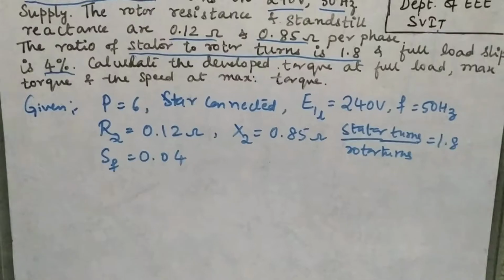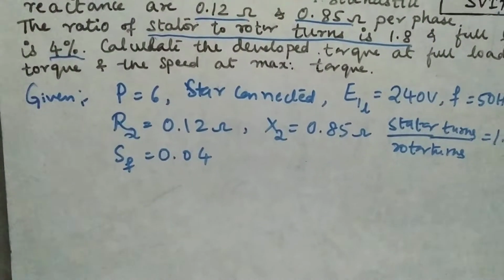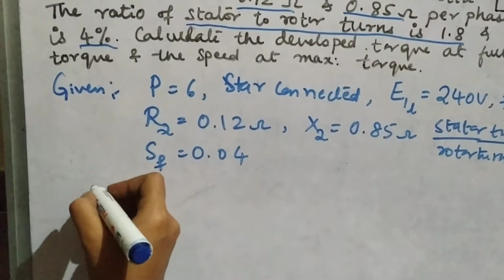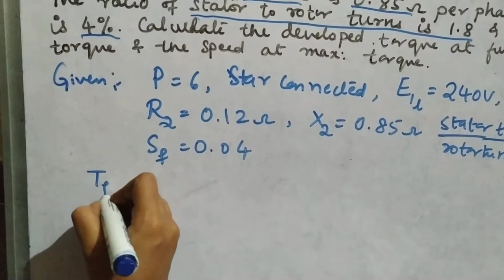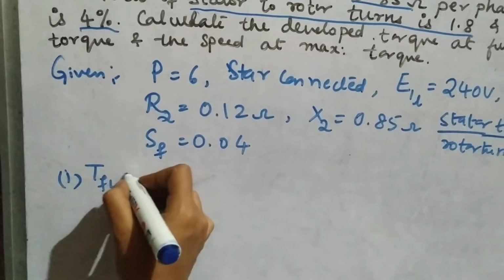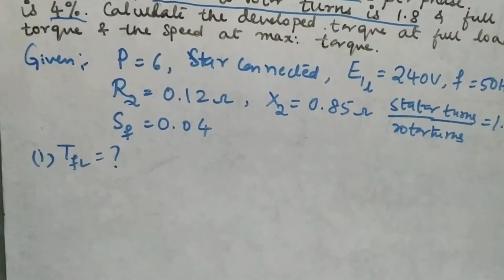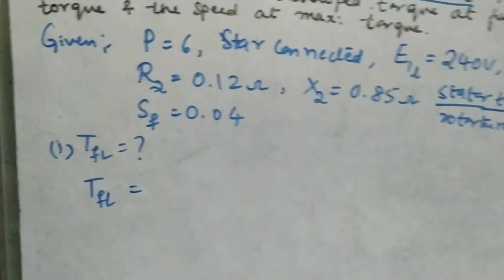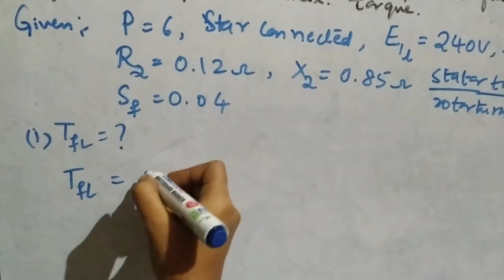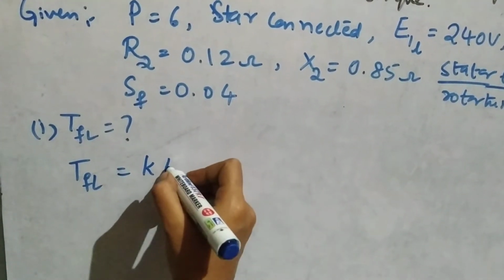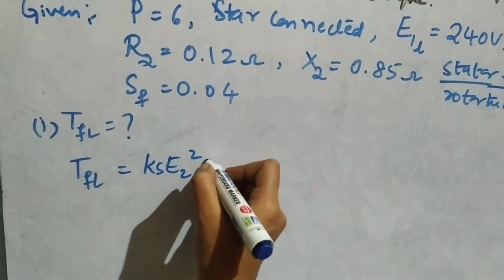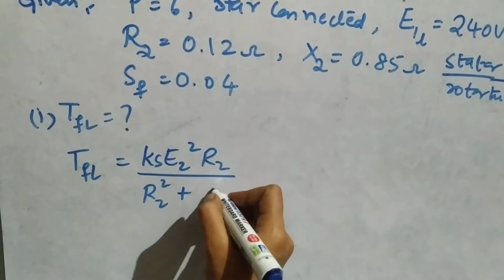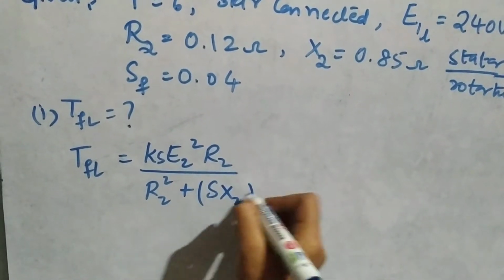Now they have asked us to determine the full load torque, sub question 1. What is the formula for the full load torque? Generally the torque equation is given by K into S into E2 square into R2 divided by R2 square plus S into X2 whole square.